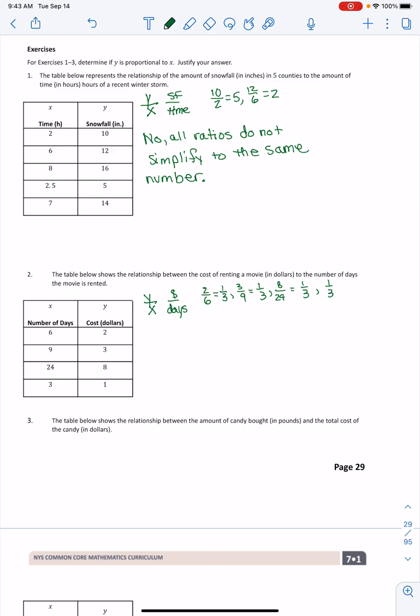So for here, what we have is yes, all ratios simplify to the same number.